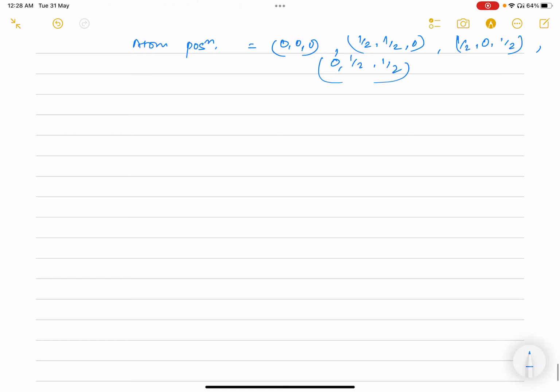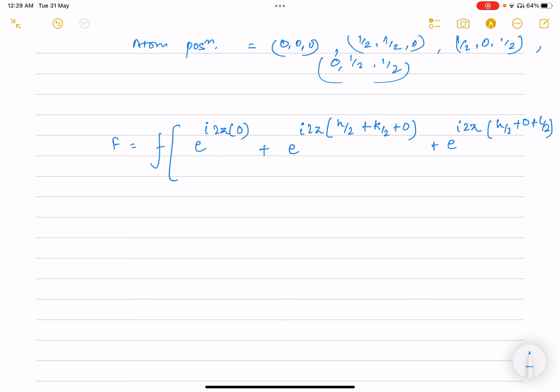So let us calculate the structure factor. For this, we get capital F equals small f, and then within the summation we go like e^(2πi·0) plus e^(2πi(h/2 + k/2 + 0)) plus e^(2πi(h/2 + 0 + l/2)) plus e^(2πi(0 + k/2 + l/2)).